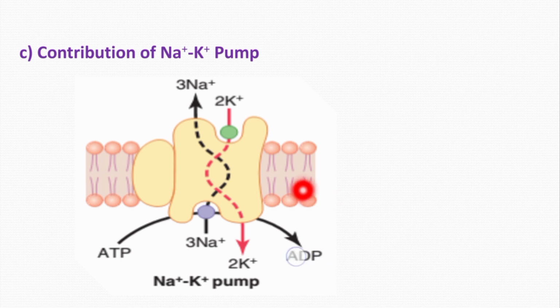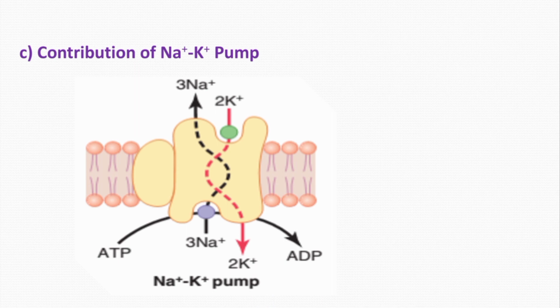For each activity, it moves 3 sodium ions from inside of the membrane to the outside, and it pumps 2 potassium ions from outside to the inside. So in this way it is pumping the ions against their concentration gradient.